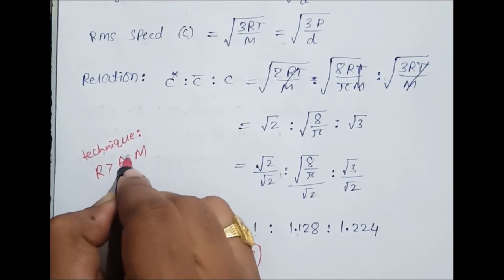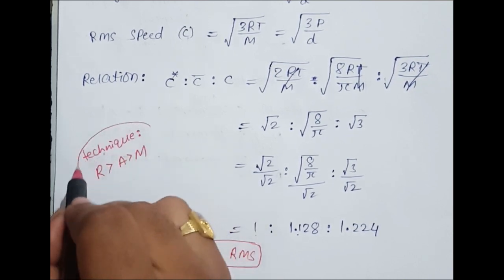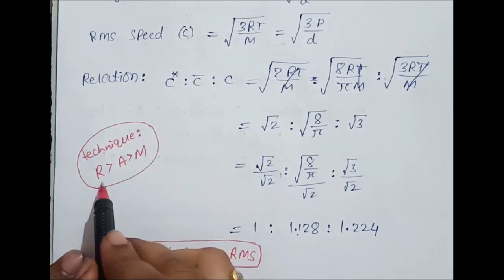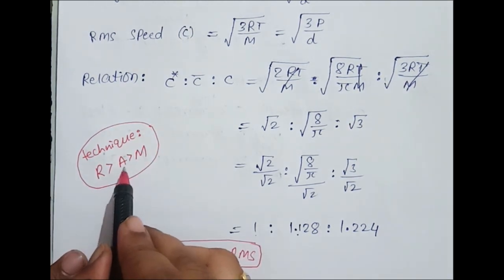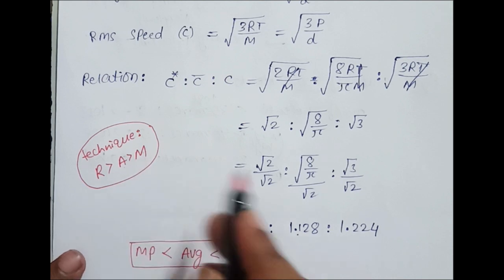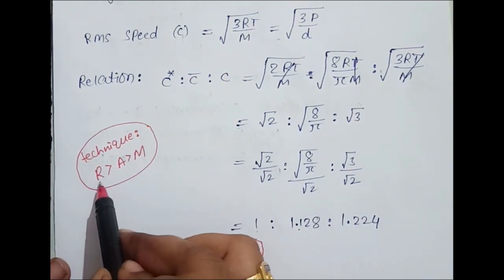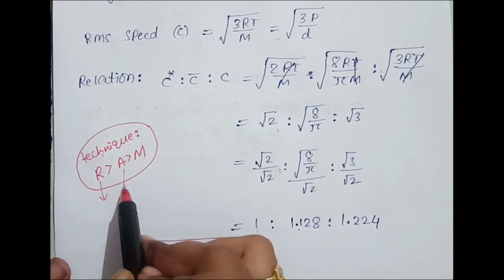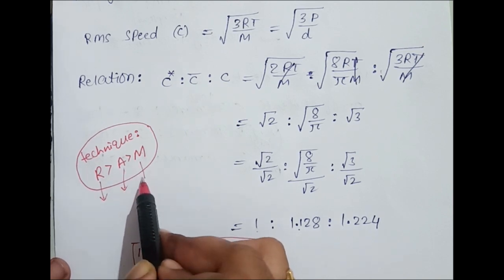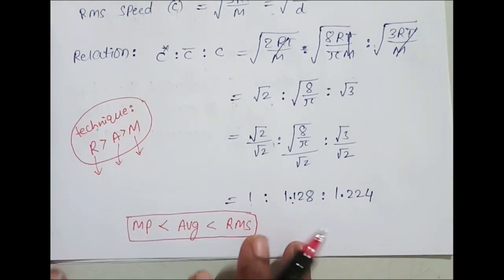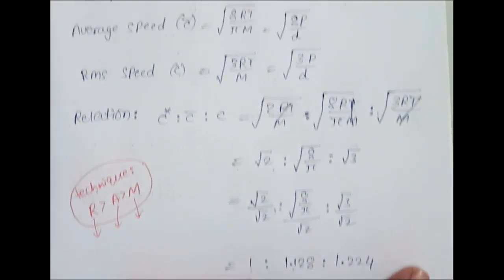R is greater than A is greater than M. R means RMS velocity, A is average velocity, and M is most probable velocity. So RMS velocity is more than average velocity, then most probable velocity. Got it? It's a very simple one.